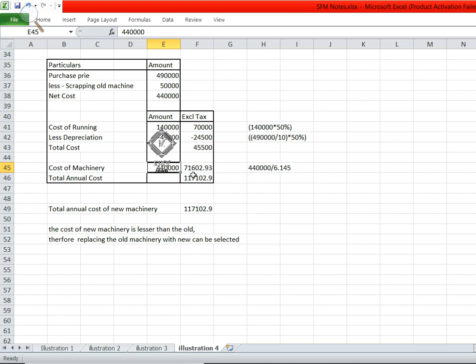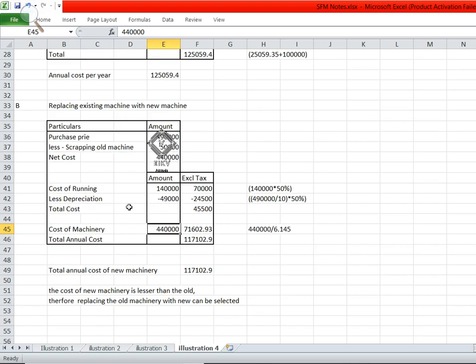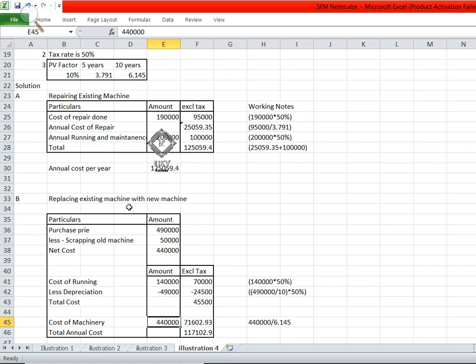Yes. So we get 71,602.93. Okay, when we add 71,602.93 plus 45,500, which is the running cost of machinery, we will get a total annual cost of the new machinery as 1,70,102.9.